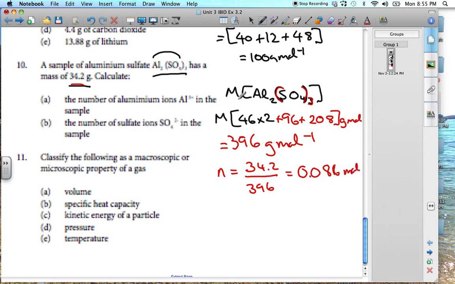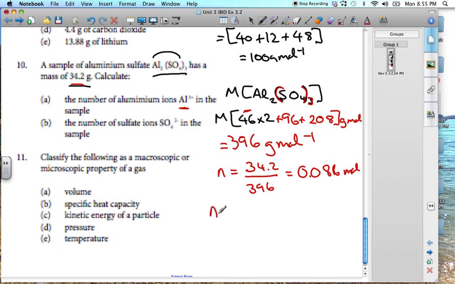Now remember, there could be a mistake with this aluminium. I may have made a mistake with that number there. So the number of moles of this whole substance is that. The aluminium ions is actually 2.